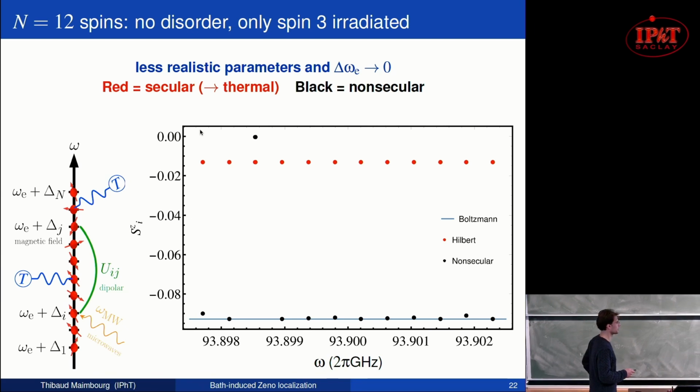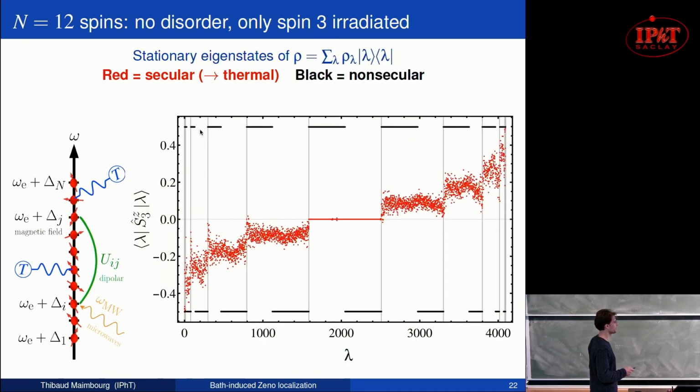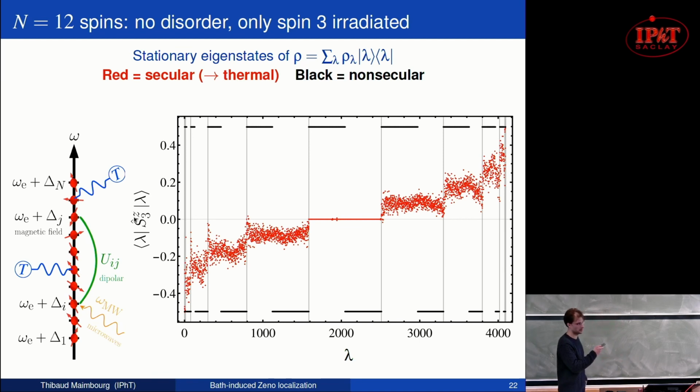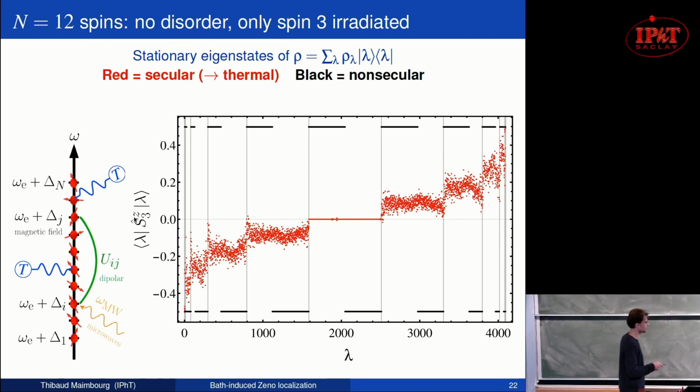Okay, I'm going to skip something, but maybe something a bit interesting is that if you look at the eigenstates of the density matrix, here called lambda, so the typical states of the system in the end, I'm measuring the average value for each state of the spin polarization of some spin, let's say the third spin, but whatever spin.